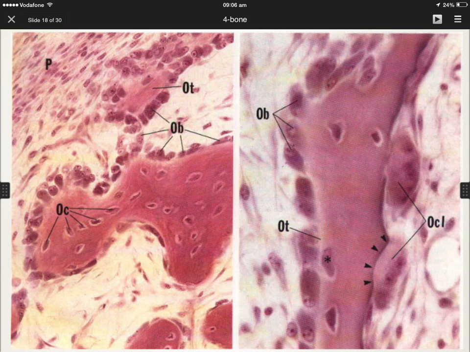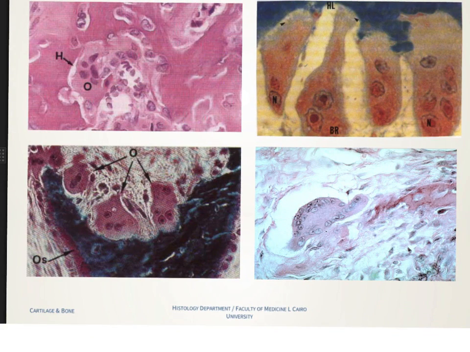Here we have also a covering on the surface of this spongy bone. It is formed of the periosteum. So in this picture we have the periosteum, we have the bony trabeculae, we have the osteocytes, we have the osteoblasts, bone marrow cavity. This picture is a very nice picture.